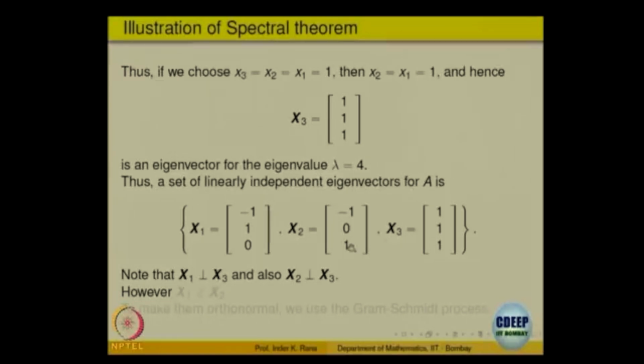So x3 is perpendicular to x2 because they are for distinct eigenvalues, right, and x1 is also perpendicular to x3. You can just take the dot product and see that it is equal to 0. So eigenvectors corresponding to distinct eigenvalues will be orthogonal, but among themselves x1 and x2 are not orthogonal to each other, right.